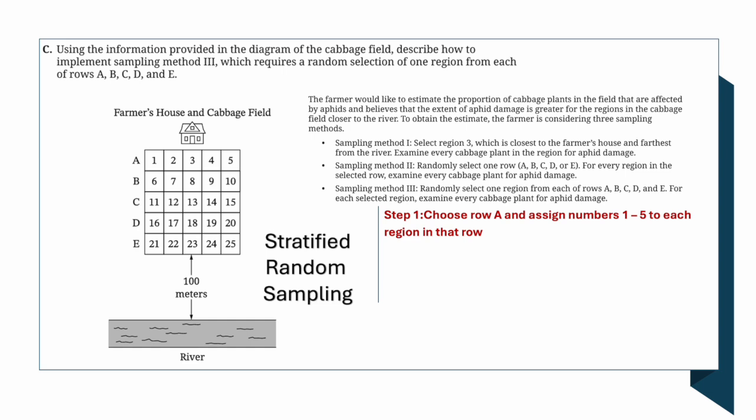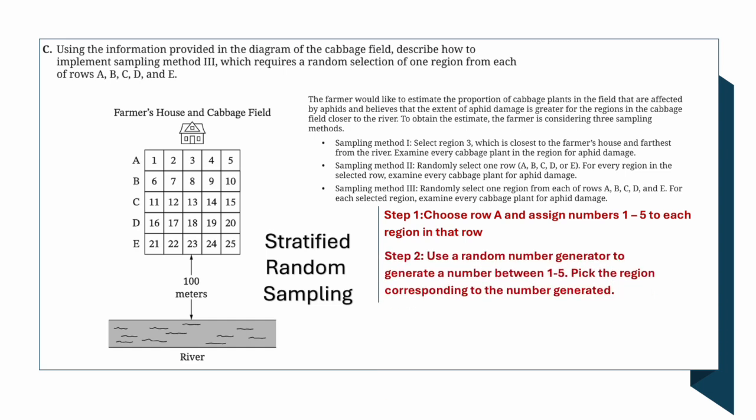It could be using slips of paper, or a random number generator, or a spinner. Here I'm going to use a random number generator. Use a random number generator to generate a number between 1 and 5. Pick the region corresponding to the number generated. That is your first sample.